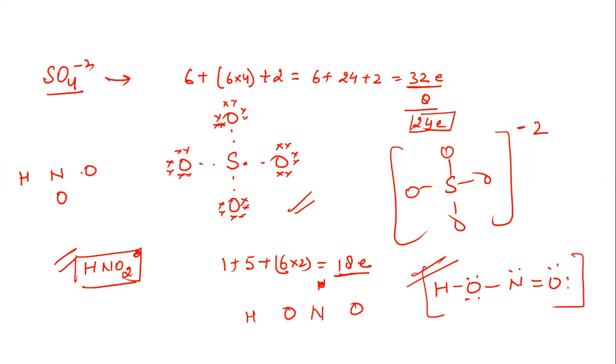I made a double bond with the oxygen, then put four electrons, and a single bond down, and then I put six. Then one single bond to hydrogen.